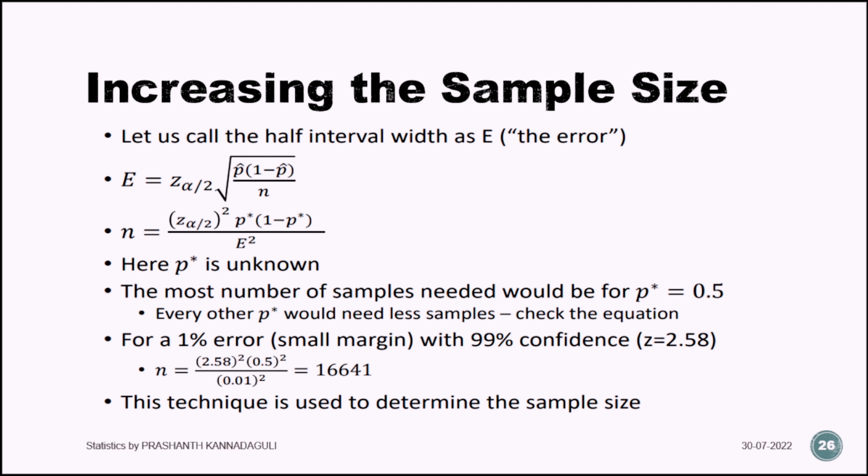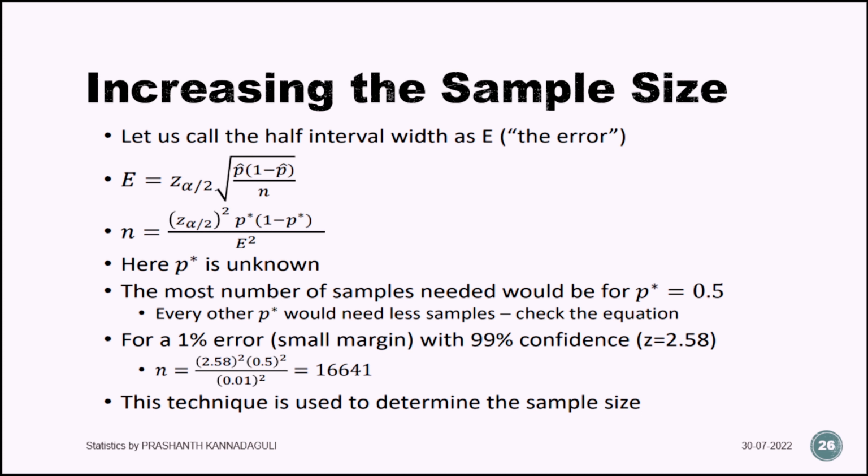Previously, after calculation, I came to know that it is 3%. Now I will make sure that the maximum error I expect is just 1%. That means E, I will put it as 0.01. So I'm expecting only 1% of error. More than that is not accepted.